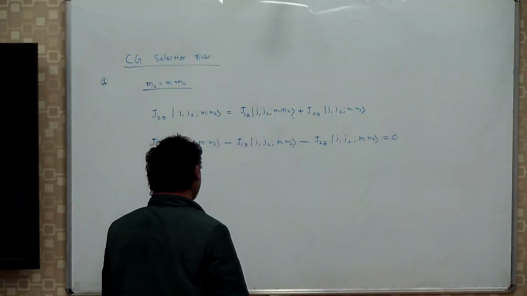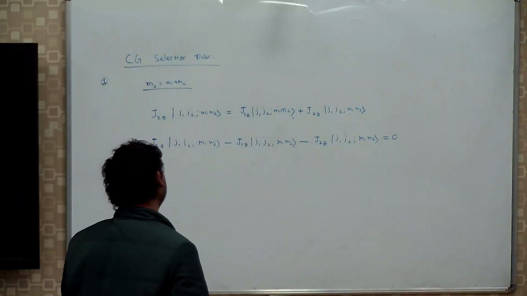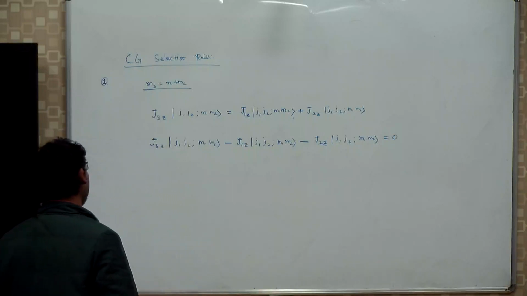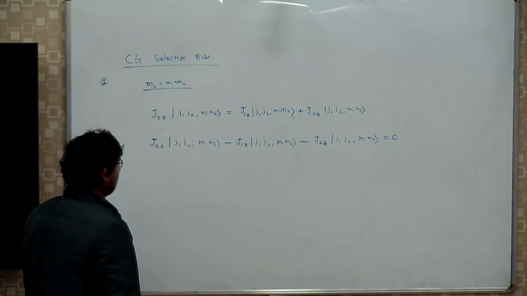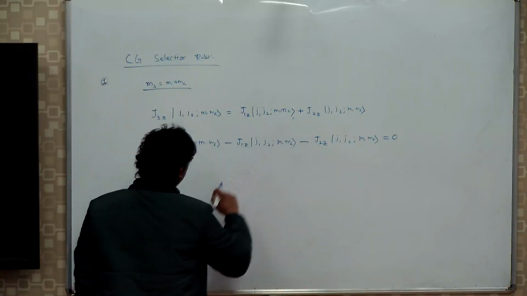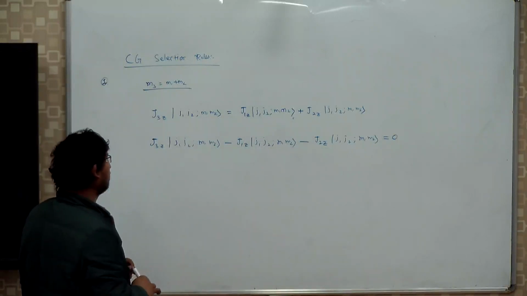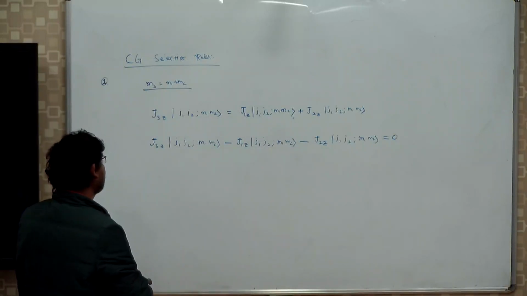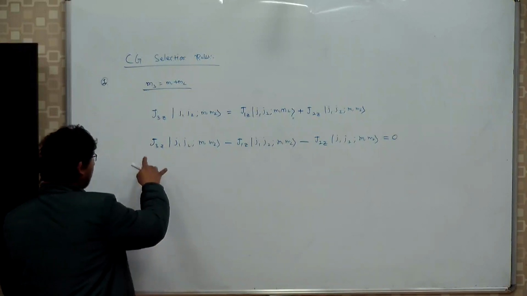There is no problem. Now take this entire term with the inner product of the coupled state. This is the uncoupled state. Now you take the inner product of the coupled state with this equation.